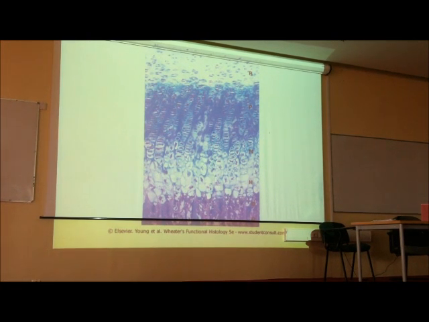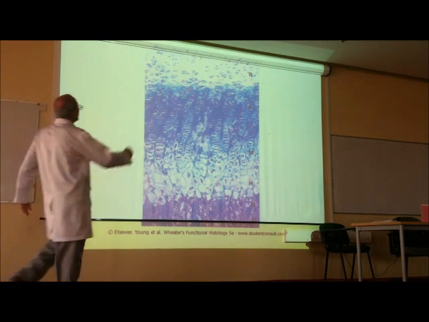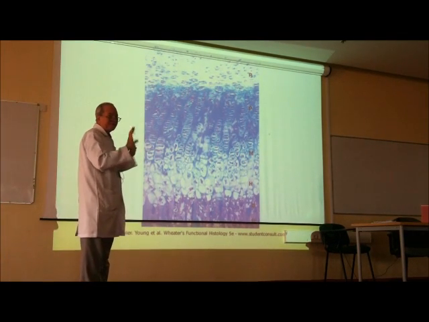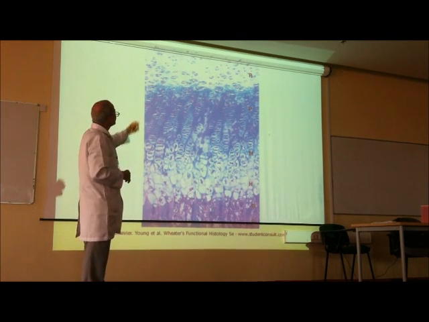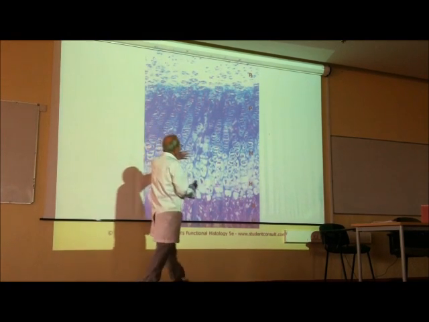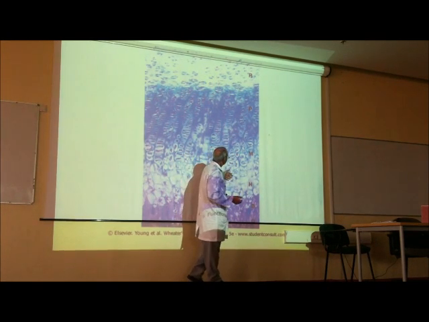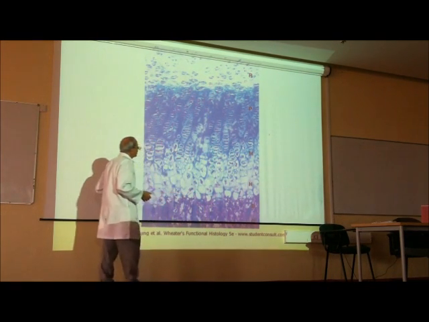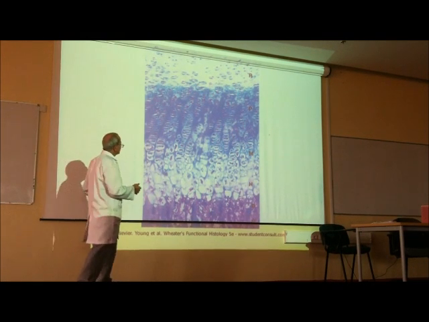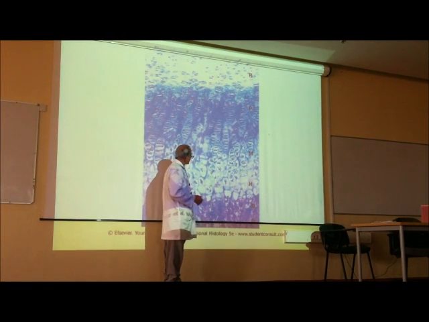Much better. You didn't see the resting zone or proliferation in your lab slides. But you see here, all the letters will be removed. R, resting zone. B, proliferation. Here, hypertrophy, but they call it maturation. And here, this area has to be calcification and then ossification.